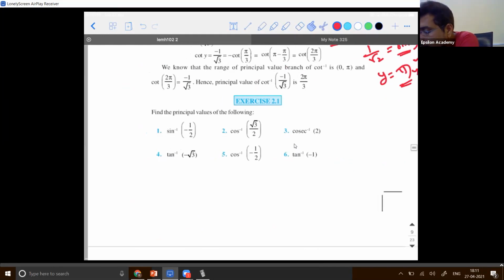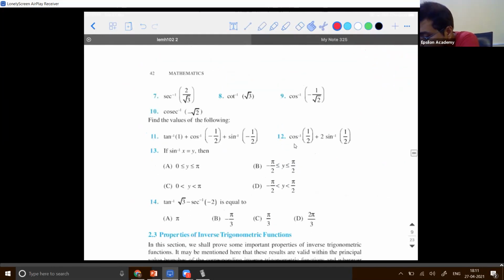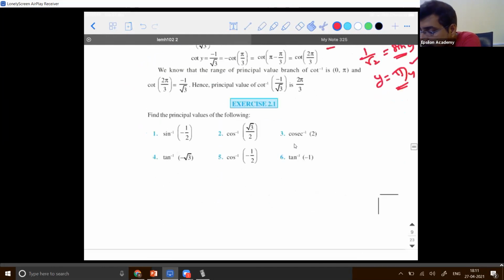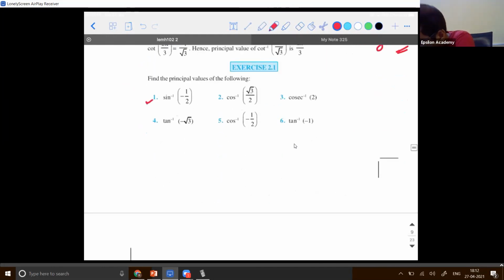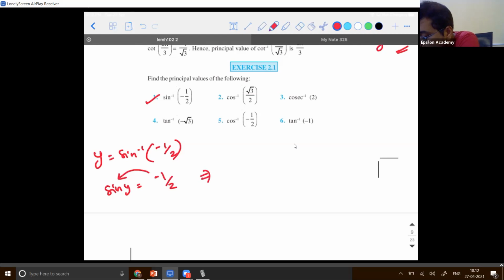Now tell me sine inverse of minus 1 by root 2. Sorry, sine inverse of minus half. So y is equal to sine inverse of minus half. By taking sine on both the sides, you will get sine y is equal to minus half. So whenever you have a minus sign, push it to the trigonometric function side. 1 by 2 is equal to minus sine y.